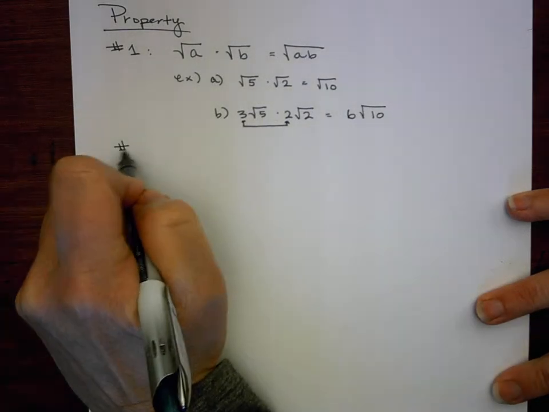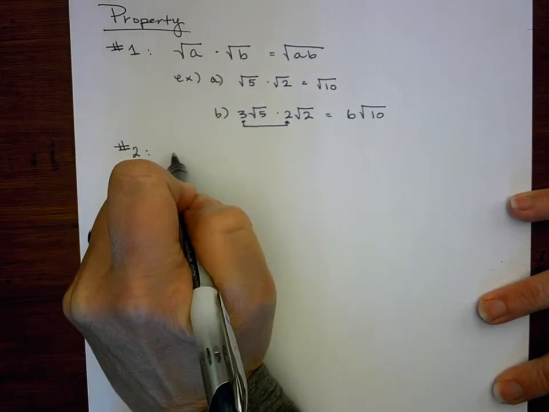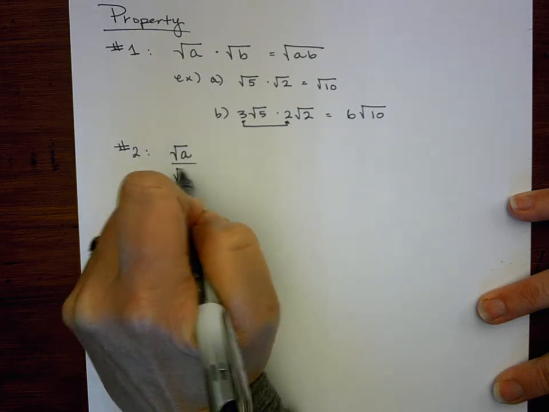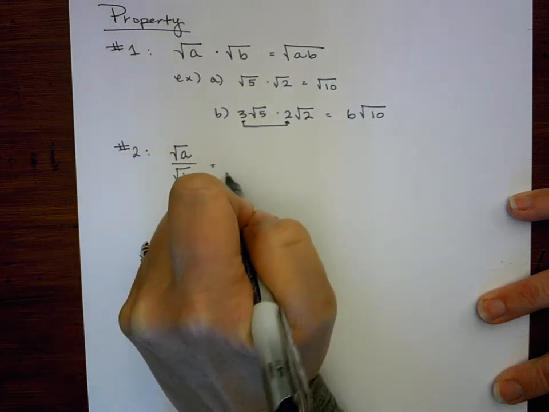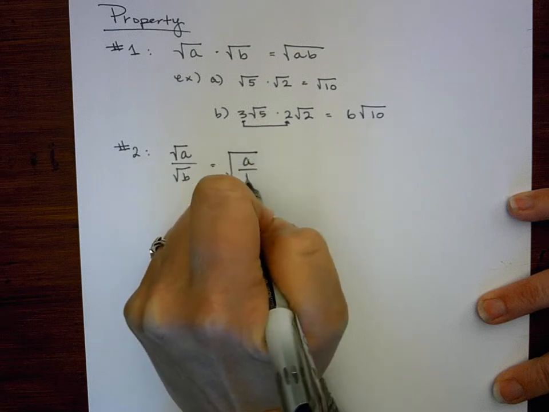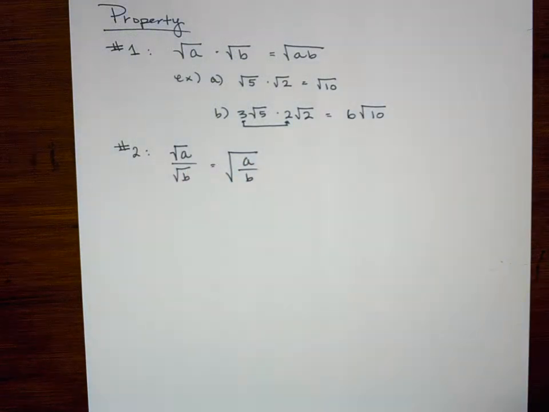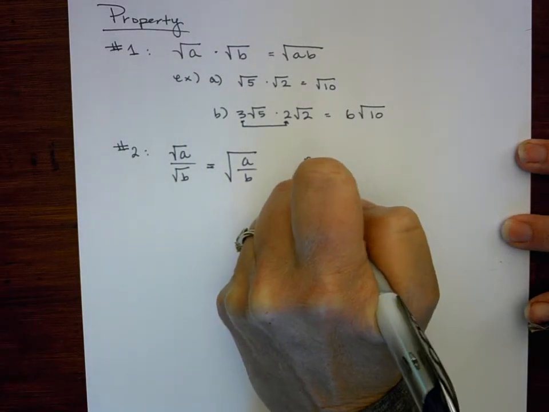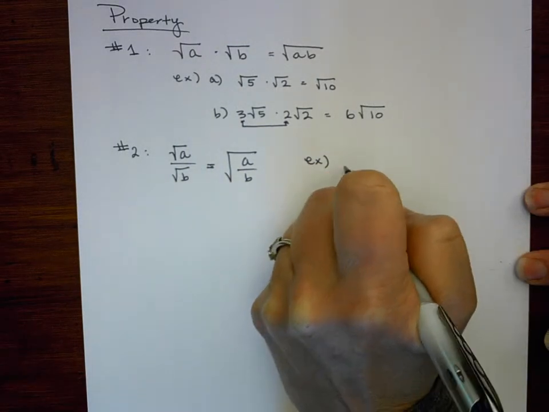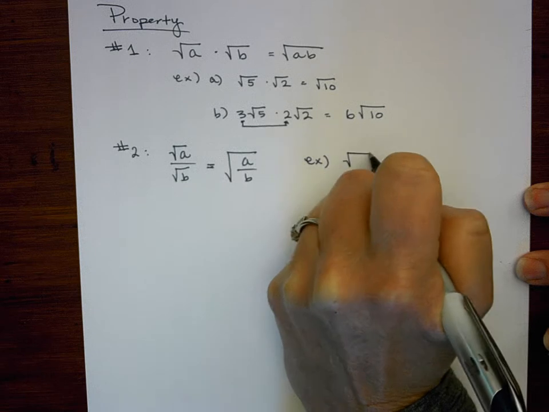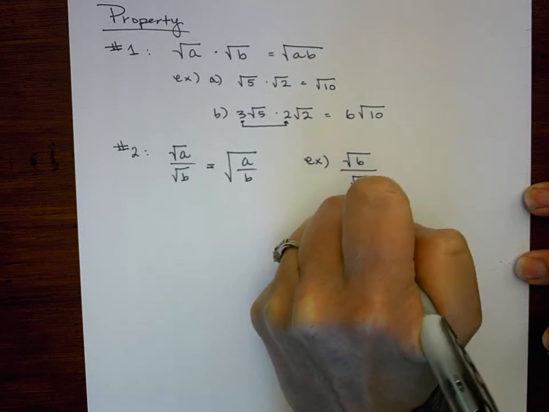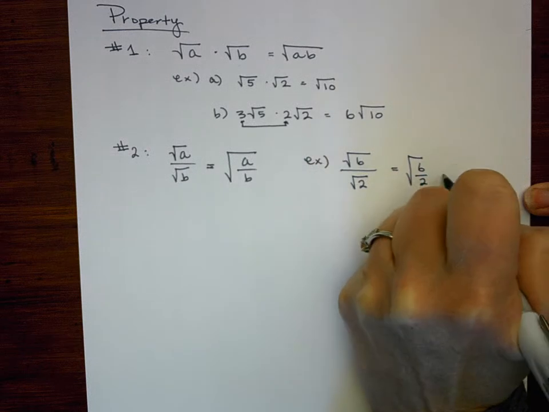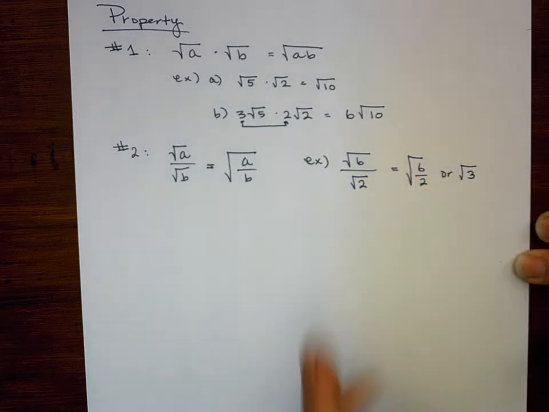So the second property that we're going to look at is, what if I am dividing? If I have the square root of A divided by the square root of B, I could rewrite that as the square root of A over B. And that is the same idea. So then just two little examples here to make sure we understand that. If I had the square root of 6 divided by the square root of 2, then that's the square root of 6 over 2, or the square root of 3.